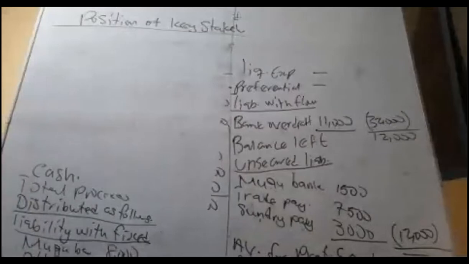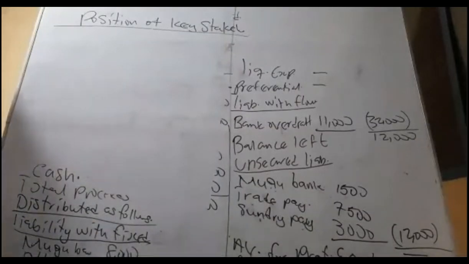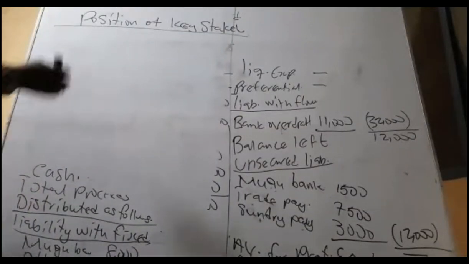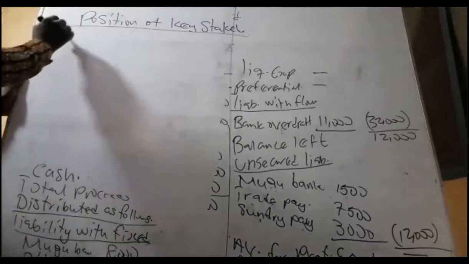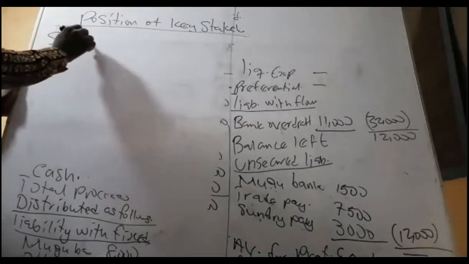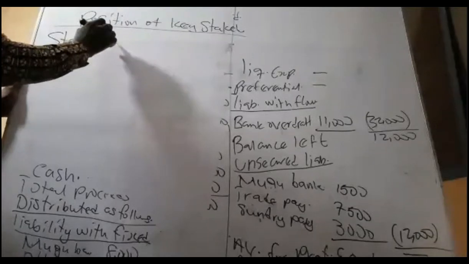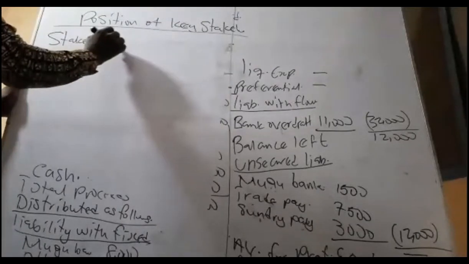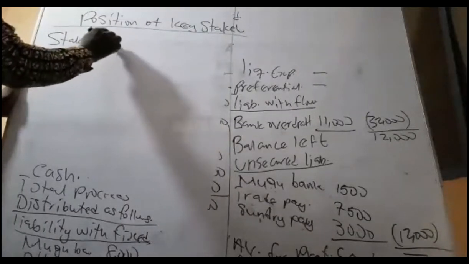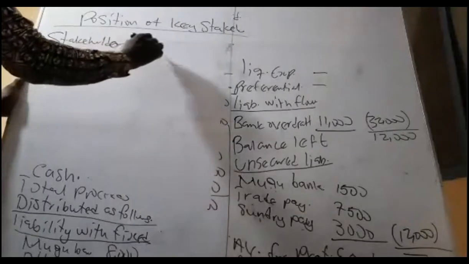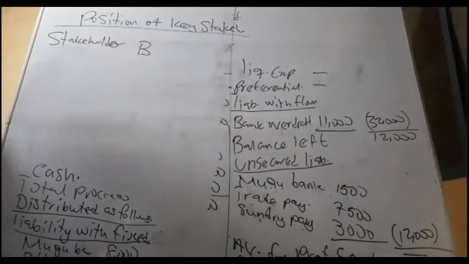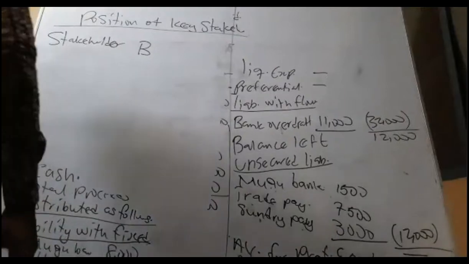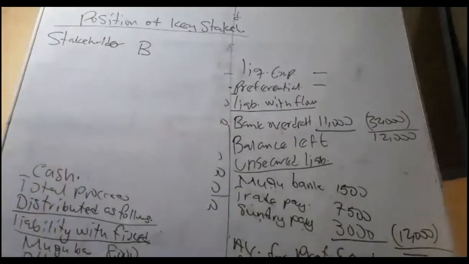Key stakeholders. So what do you do? You write the stakeholders here. Then write your position before and your position after. But I'm taking all the space, so that's why I like the shortcut too.